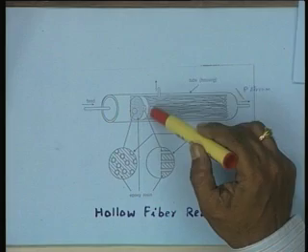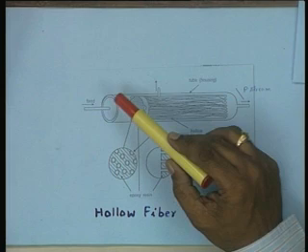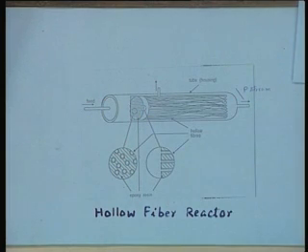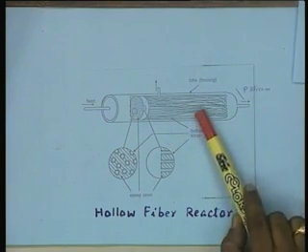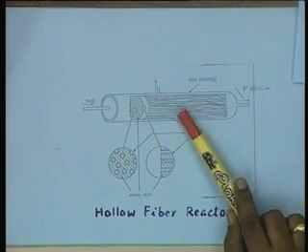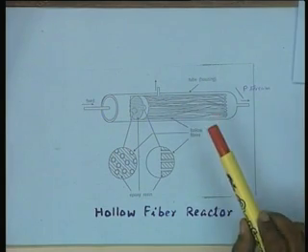The enzyme is put in the hollow fibers and the main feed substrate is passed to the shell side, and now because of the semi permeability of the hollow fiber membranes, the substrate and the enzyme can come in contact. That means the substrate can go into the vicinity of the enzyme and product can go out, and ultimately the product stream can be taken out, but the enzyme cannot go out of the ultrafiltration tubes.